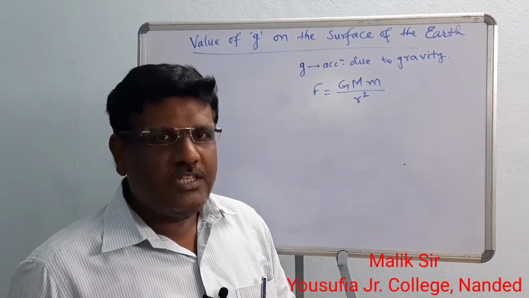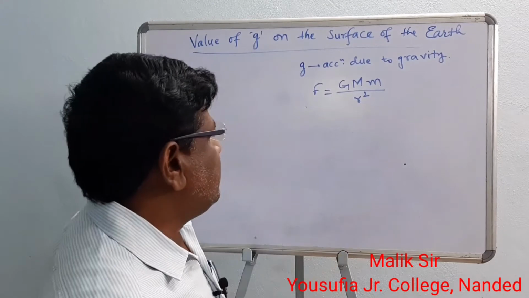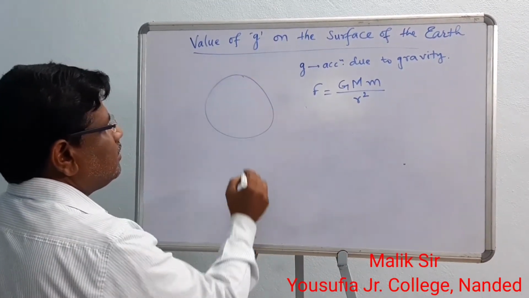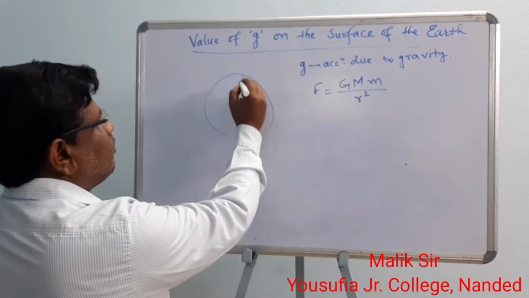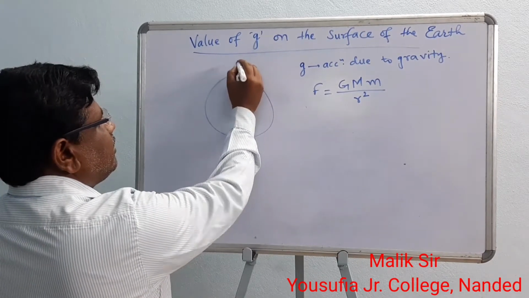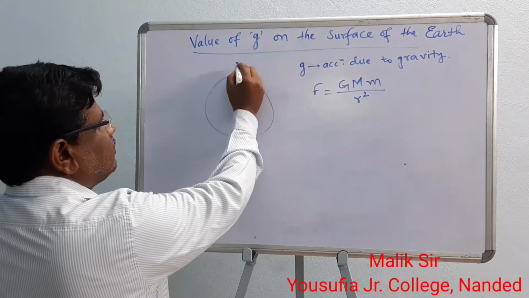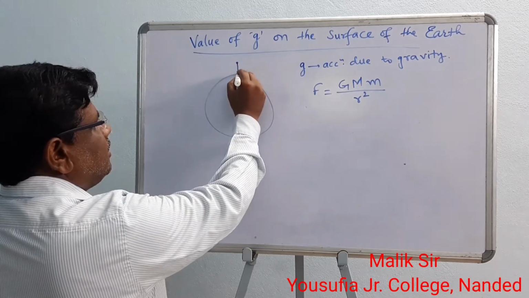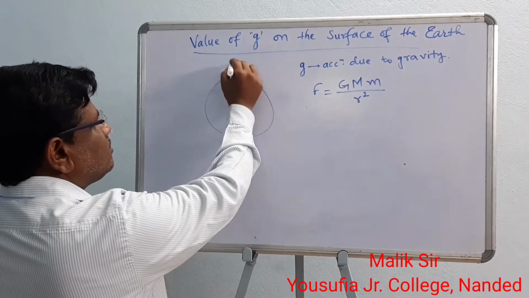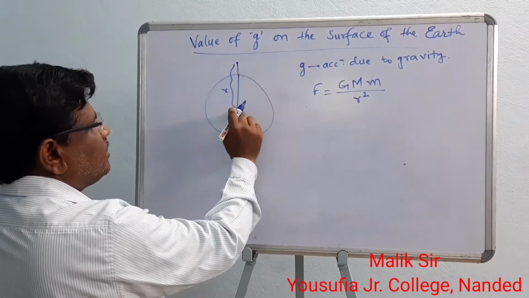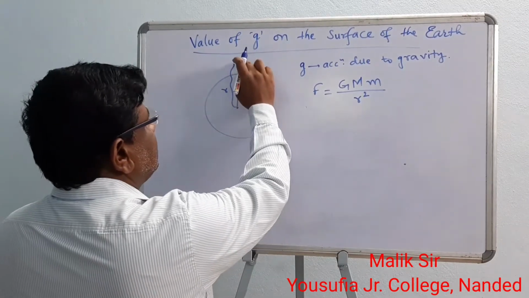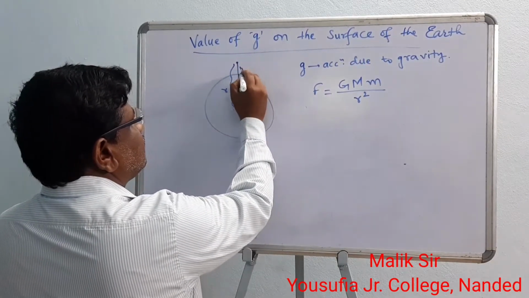Now, if we consider one object as the earth and another object situated above the surface of the earth, at a distance small r from the center of the earth, suppose its height is h from the surface.